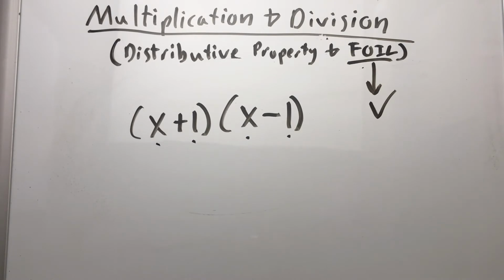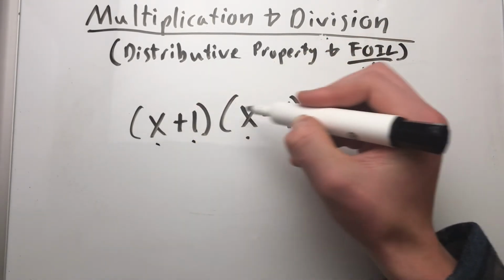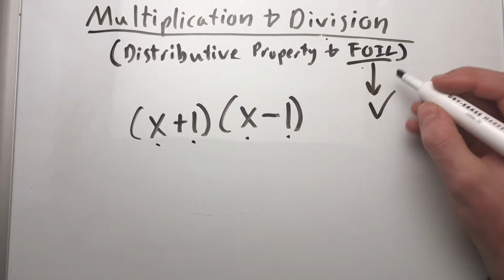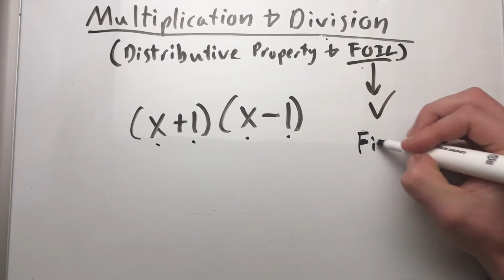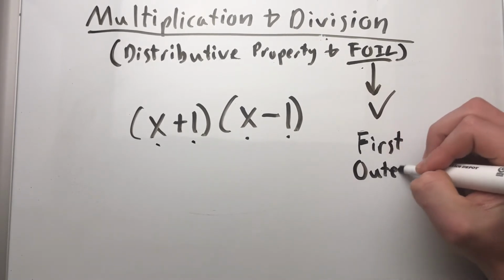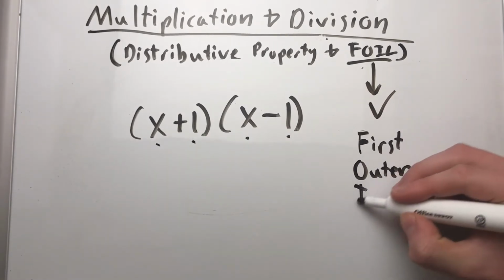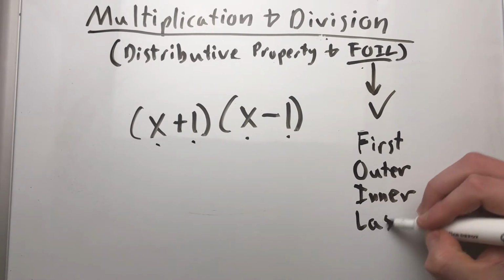The FOIL method, which again only works for multiplying polynomials that each have two terms in them, is an acronym where the F stands for first, the O stands for outer, the I stands for inner, and the L stands for last.